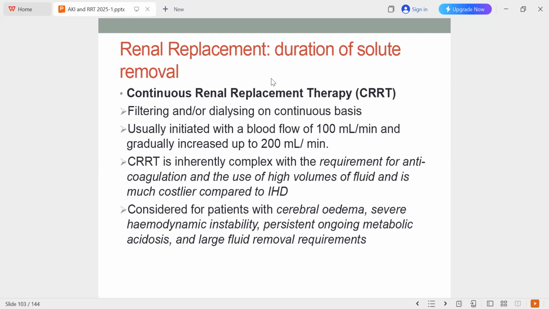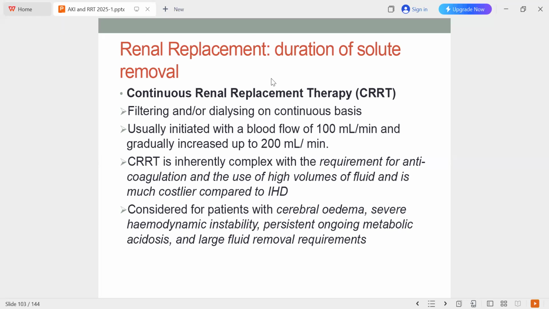All right, so the second one, duration of solute removal, is the continuous renal replacement therapy, CRRT. This is filtering of solute and/or dialyzing on a continuous basis, usually initiated with a low flow of 100 ml per minute, and this can gradually be increased to 200 ml per minute of flow.